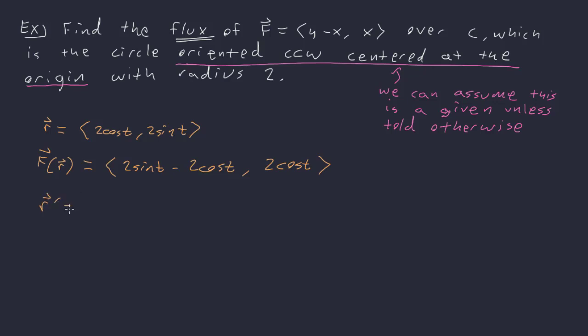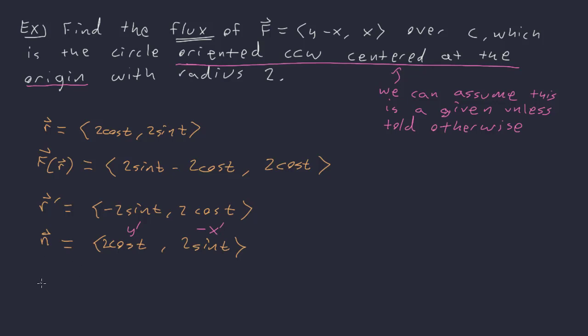Then we would need r′, so ⟨−2 sin t, 2 cos t⟩. Then we would need our actual n, where we flip this around as ⟨2 cos t, 2 sin t⟩, because remember our little n is ⟨y′, −x′⟩.